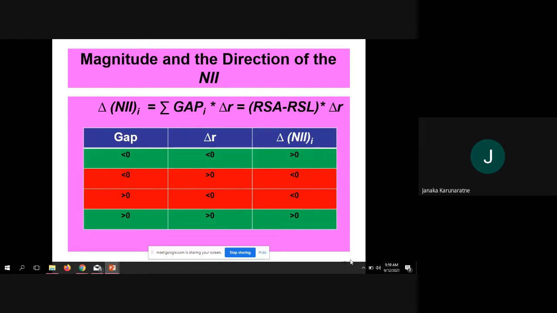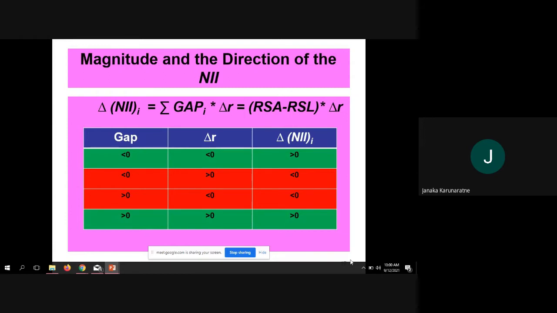Take an example. You have 10 million rate sensitive assets, but 20 million rate sensitive liabilities within the next 6 months. Let's say 6 months, 10 and 20. Immediately when the interest rate drops, you are repricing 20 million of liabilities at a reduced rate versus the 10 million of assets.